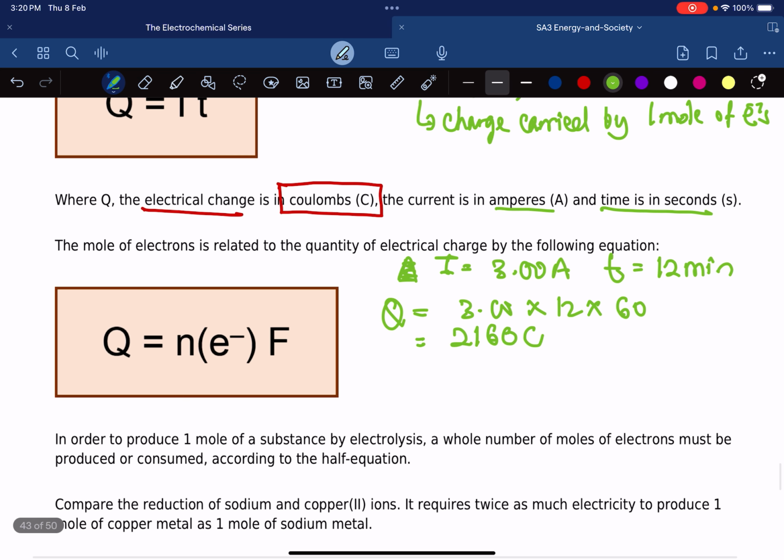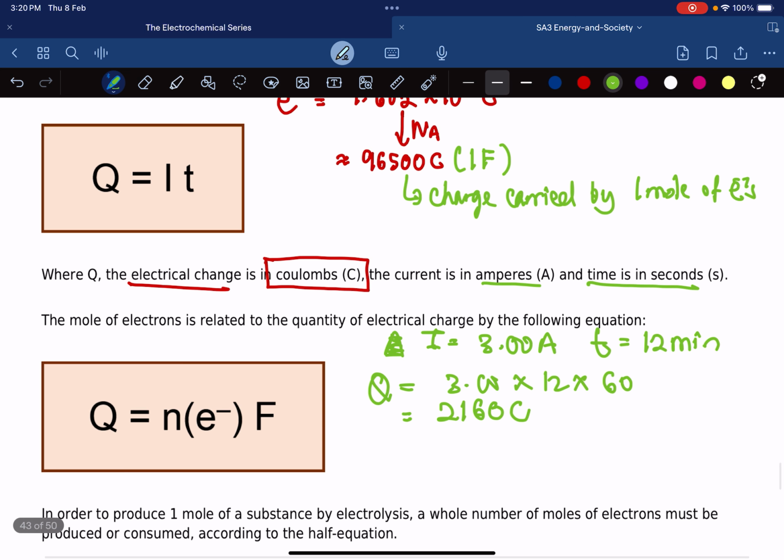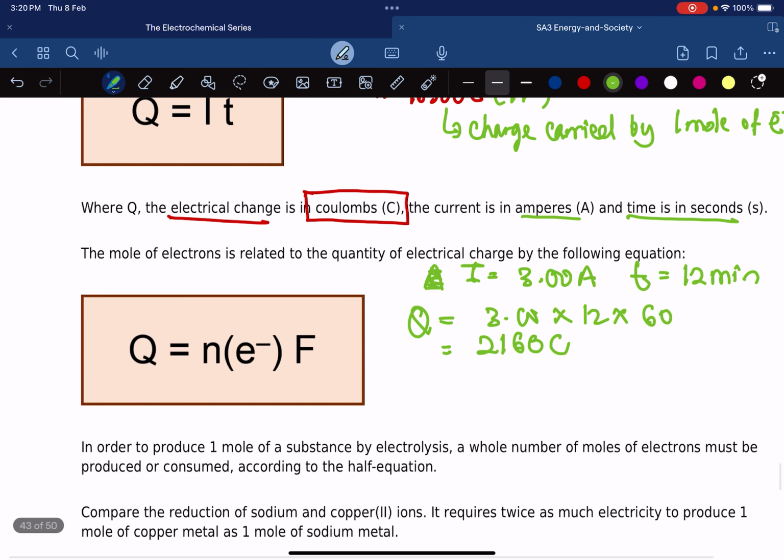Then that brings us to this formula: Q, the charge, equals the number of moles of electrons times Faraday. Faraday was 96,500. So using this formula, 2160 equals the number of moles of electrons, which I don't know, times 96,500.